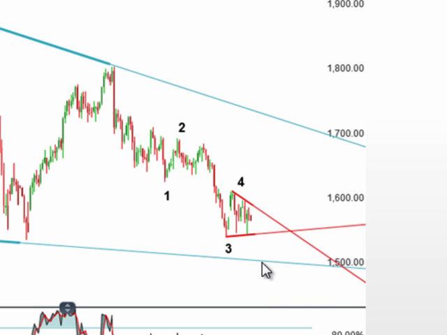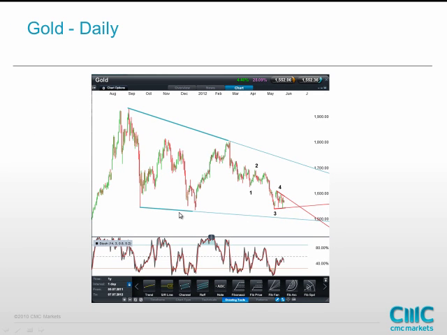Somebody trading on a daily chart, however, may be reluctant to take the continuation trade as a bottom dropping out of the bottom of the triangle, preferring to wait perhaps for a trade looking for a test of this bigger wedge support here.